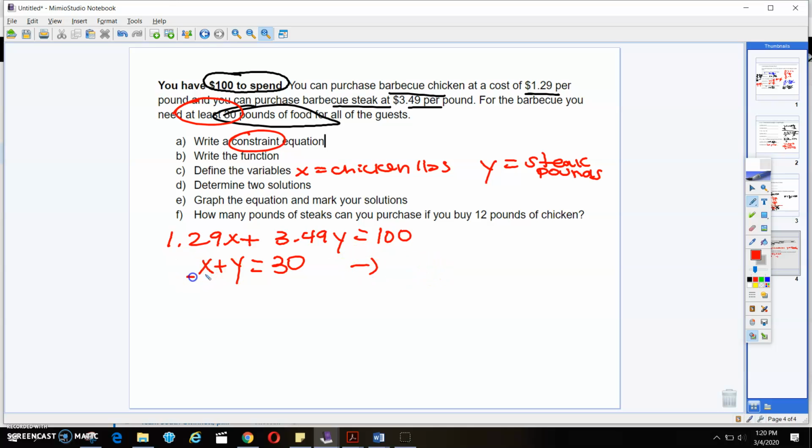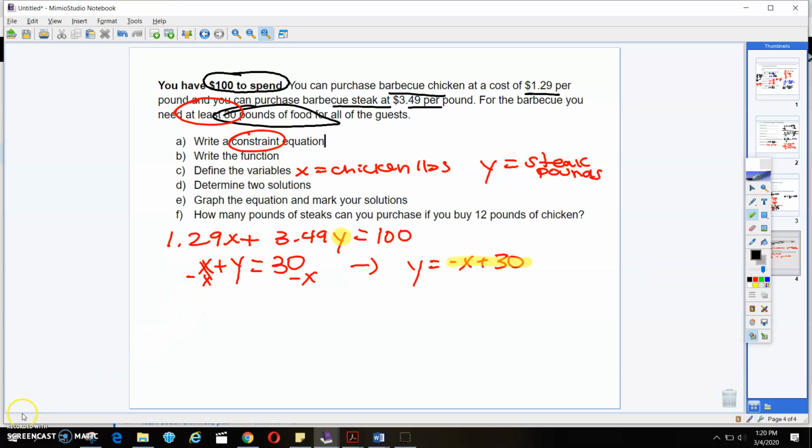So I'm going to subtract x from both sides, and that gives me y equals negative x plus 30. I'm going to plug that in for y in the other equation, because I want to solve for how many pounds of chicken and how many pounds of steak I need.